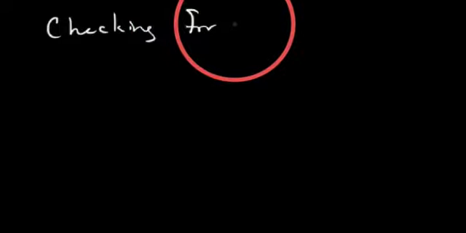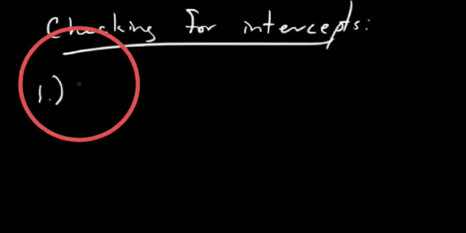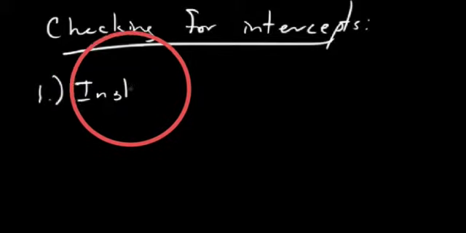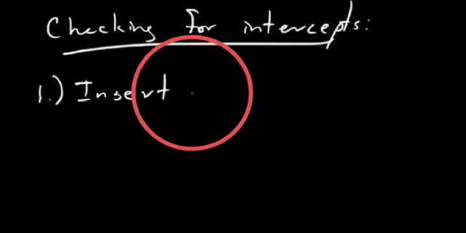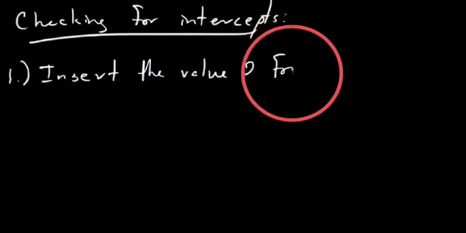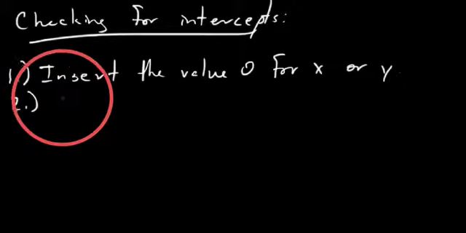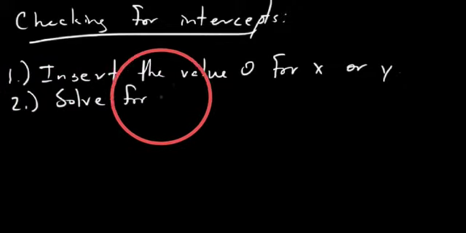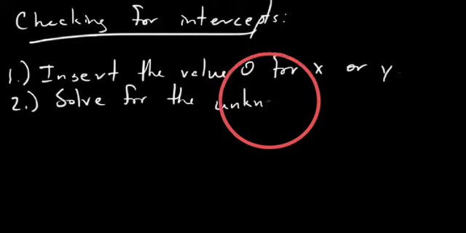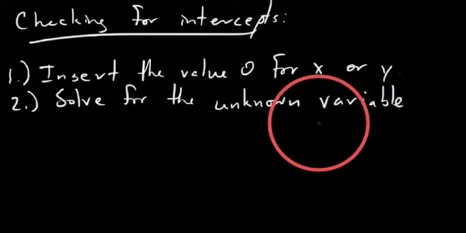Checking for intercepts: in order to check for an x-intercept or y-intercept, insert the value 0 for y or x, and then simply put, solve for the unknown variable that's left over. Essentially what we're finding is that variable's intercept.